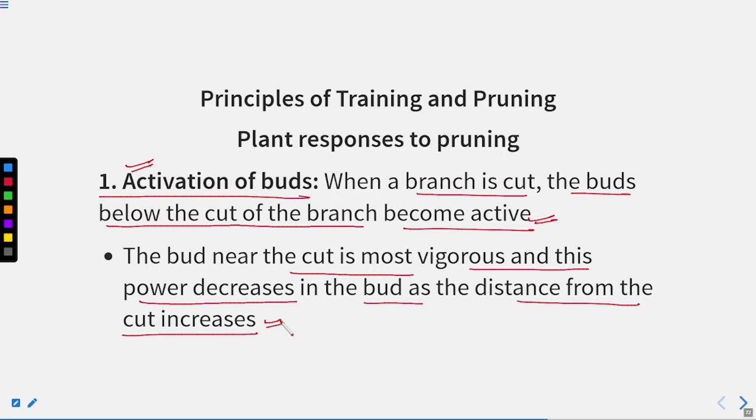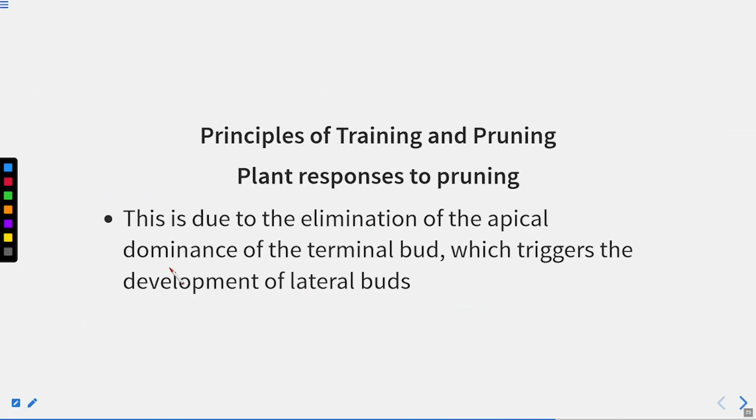The ones which are not cut and are also present, their growth will be slow as compared to the bud that is near the cut part. This is due to the elimination of the apical dominance of the terminal bud. So the terminal bud, when you remove it, that shows the apical dominance. So when the apical dominance part is removed, what will happen? It triggers the development of the lateral buds. This is very, very important.